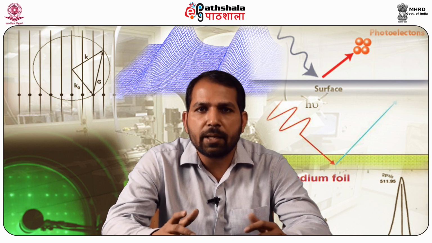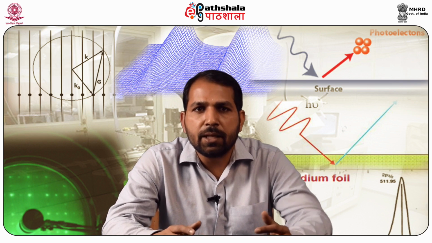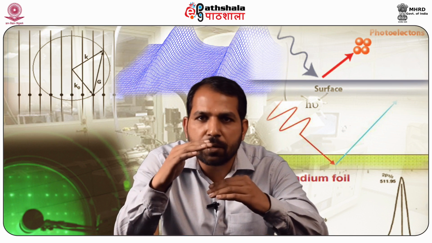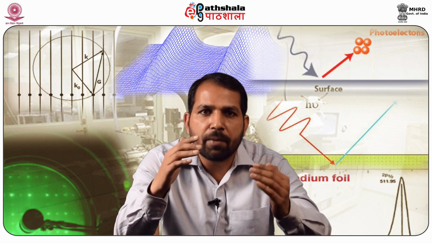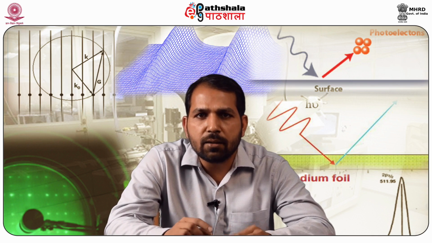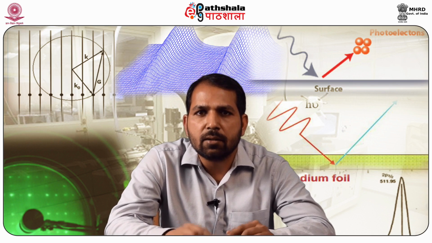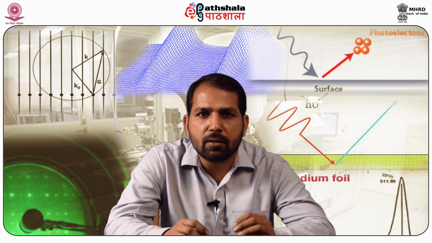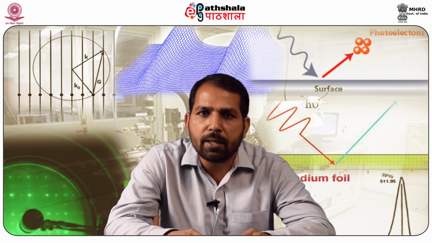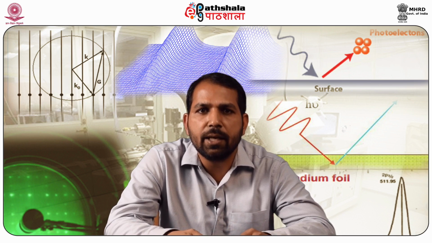A scanning tunneling microscope is an instrument for imaging surfaces at the atomic level. Its development in 1981 earned its inventors Gerd Binnig and Heinrich Rohrer at IBM Zurich the Nobel Prize in Physics in 1986.